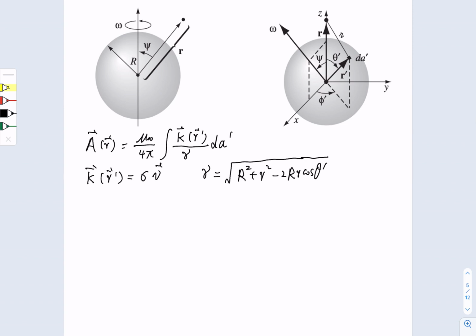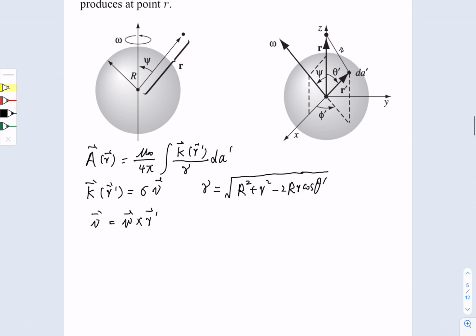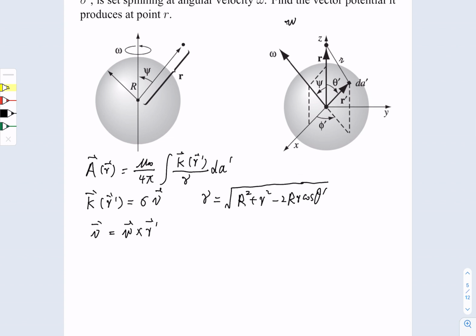Now, the velocity of this volume element should be omega cross r prime, because the sphere is rotating about the omega axis with frequency omega, and here this omega is put in the x-z plane.